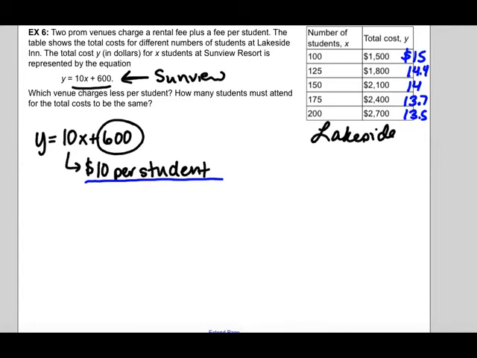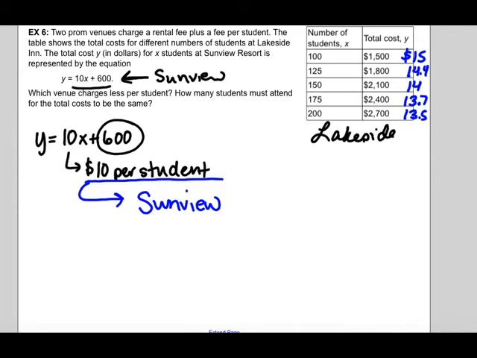Okay. Which venue charges less per student? Well, if we look at this, this one overall charges less per student, which is Sunview. Sunview charges less per student. Makes sense. But what we're trying to figure out is where they're the same. At what value am I going to have exactly the same amount of cost?